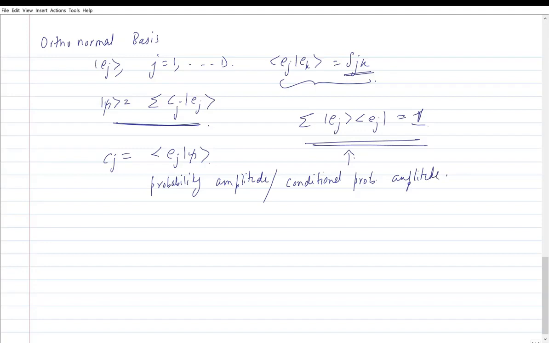Well, it's easy to see. How do we get that? I express psi as, now what do I do? I stick in the identity.